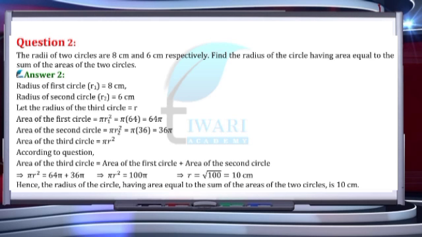Hence R reduces to under root of 100, that is 10 centimeter. Here we are taking only 10, not minus 10. Why? Because we are talking about a length. So the radius of the required circle having the area equal to the sum of the areas of the given two circles is 10 centimeter.